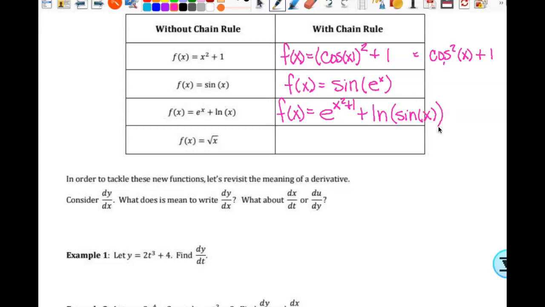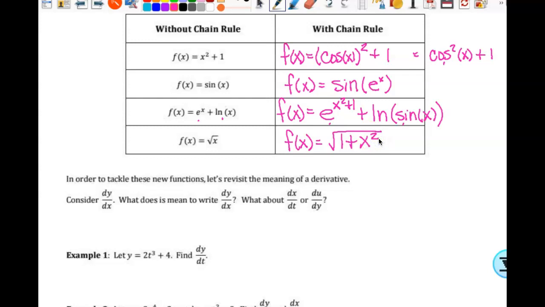So I would have two chains here, because I have two terms, but I could do these separately, right? But then in both of these, the argument isn't just x anymore. It's either x squared plus 1 or the sine of x. And then I have the square root of x. I can have f of x equals the square root of 1 plus x squared. So that's kind of how it looks different.